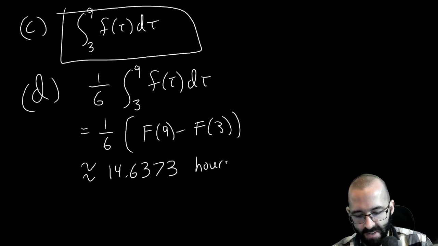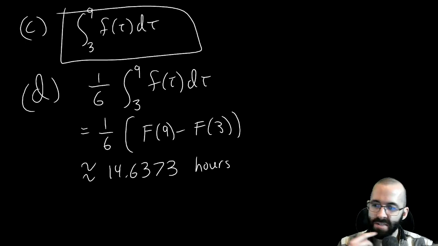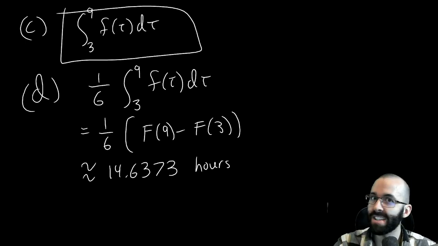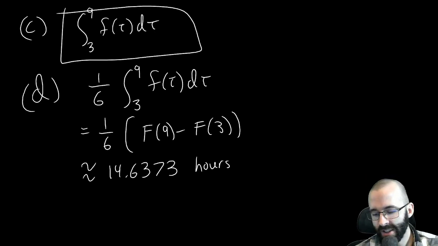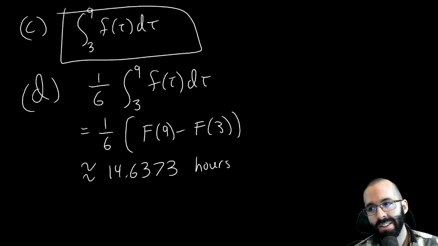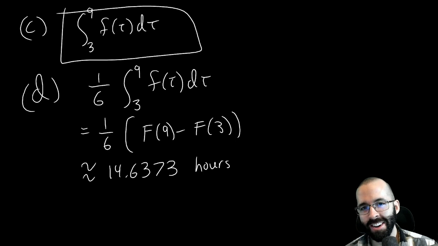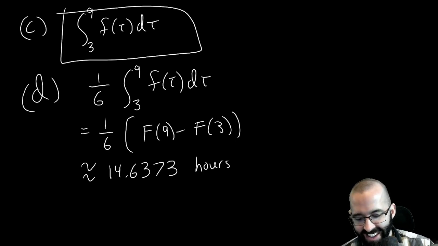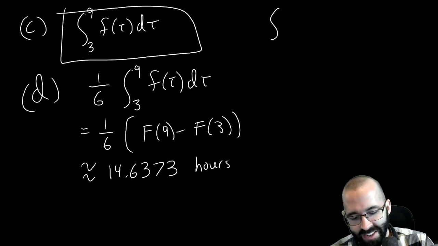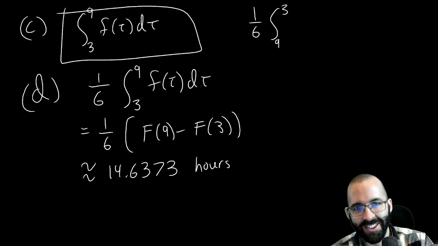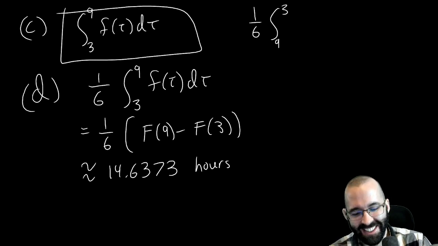That many hours. So between spring and fall, if we're in the northern hemisphere, which we are in Seattle, the average daylight is 14 and a half hours. For anyone who's lived in this area for a while, you know that if we do the next part, which says find the average from September to March, we get shorter days than that.